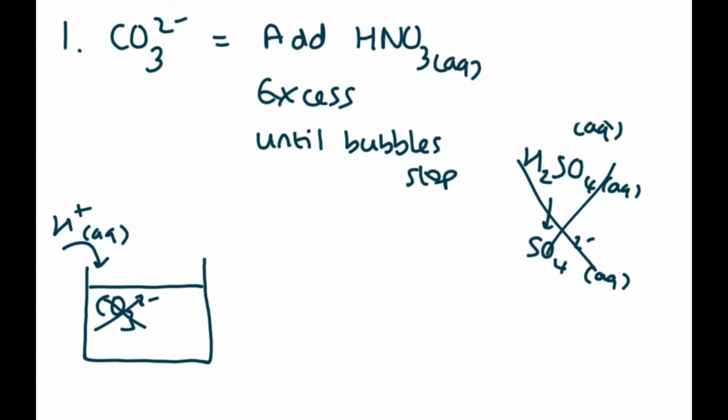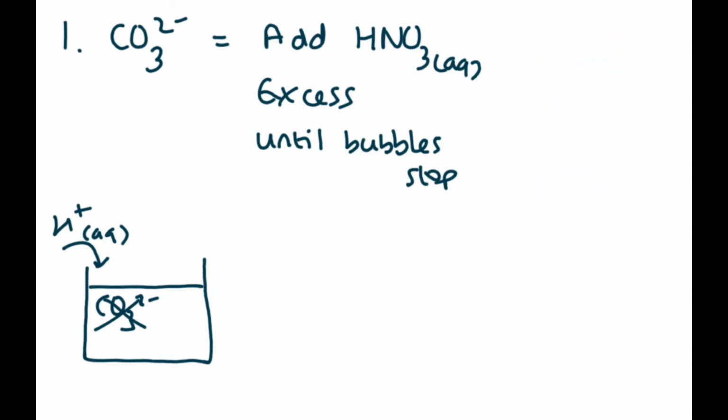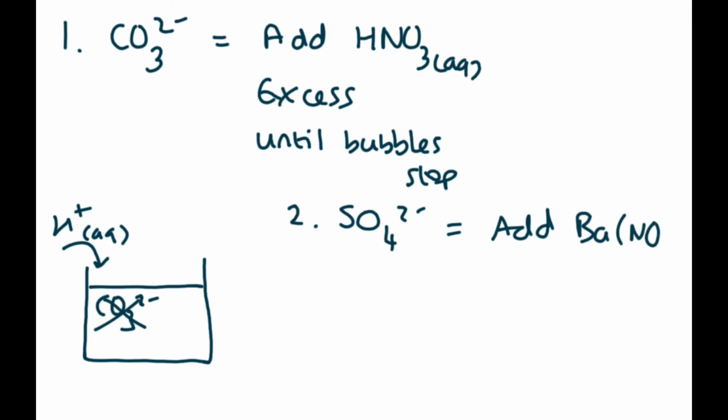Right, the second thing you do is you test for sulfate. And again, you want to add not just any barium ions, but you want to add barium nitrate, that's aqueous. Because if you add barium chloride, then you will be releasing chloride ions into the solution, which you don't want to do.